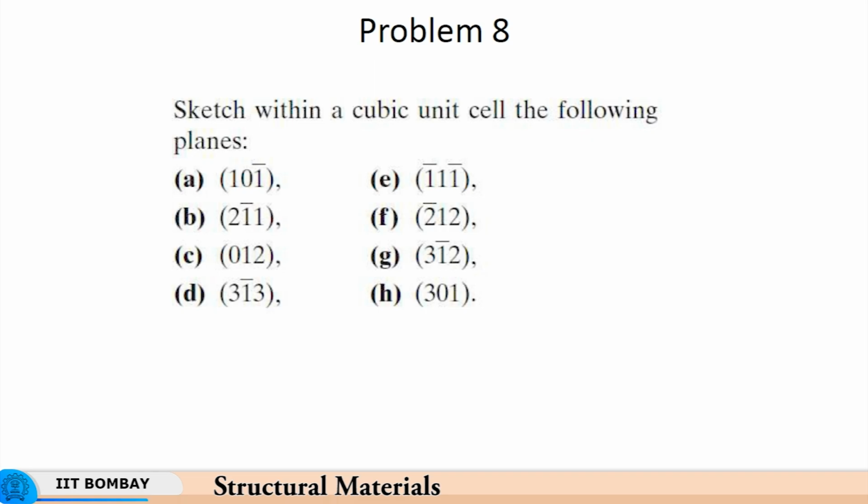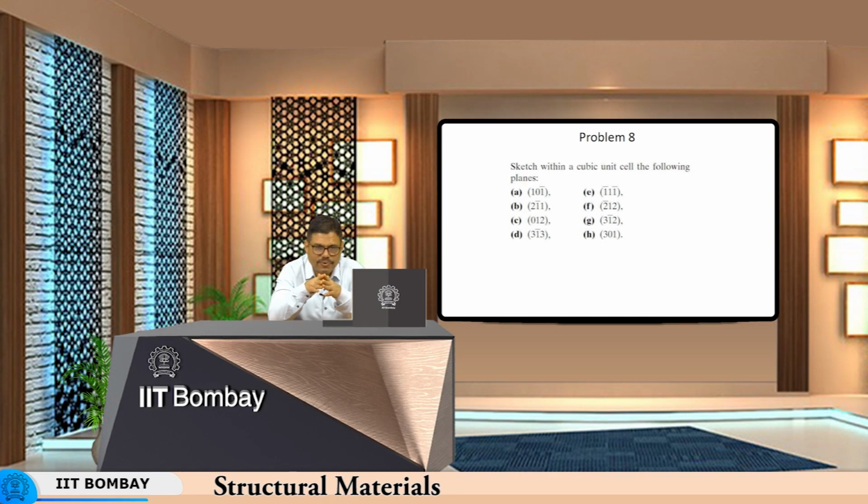So E is of course very simple. The reciprocal of 1 is always 1, and therefore you have -1, 1, -1 as the intercepts. For F it is -half, 1 and half. For G it is 1/3, -1 and half.